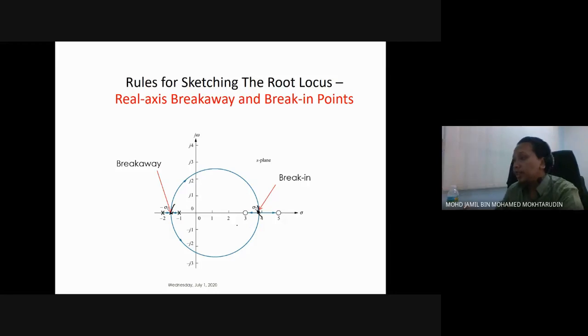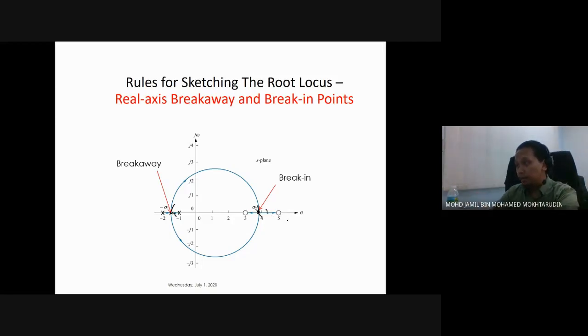You need to know at which points the root locus will break away and break in, so that when you sketch the root locus later, you know that the circle will start at the breakaway and break-in points, not at other points.